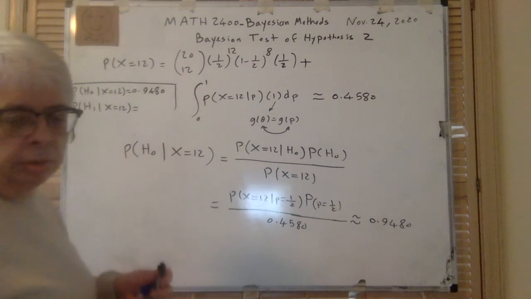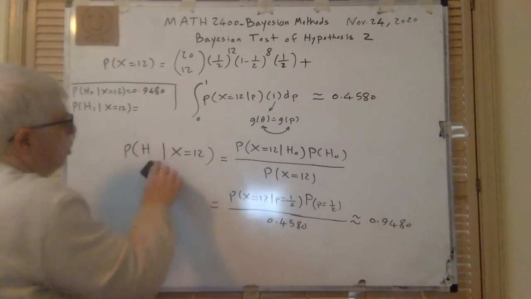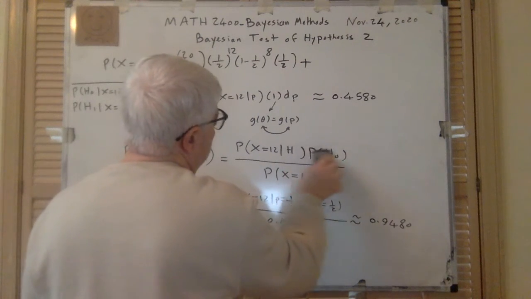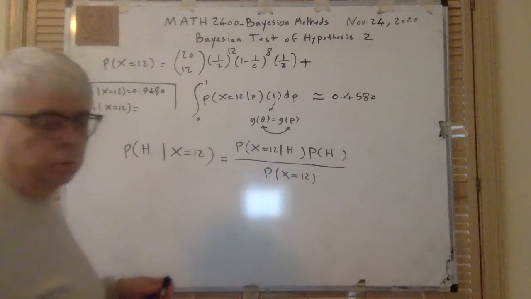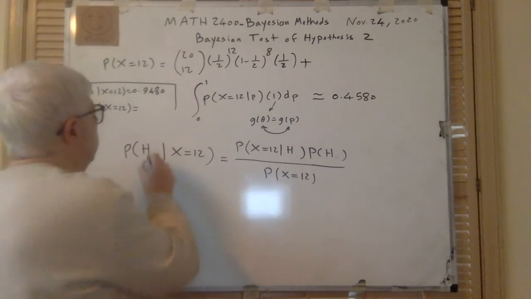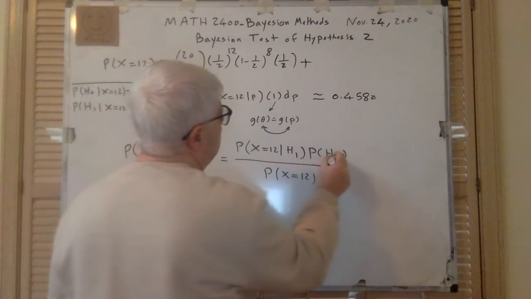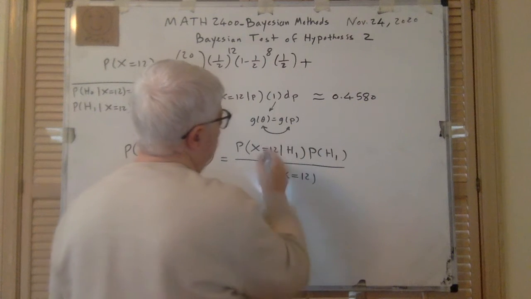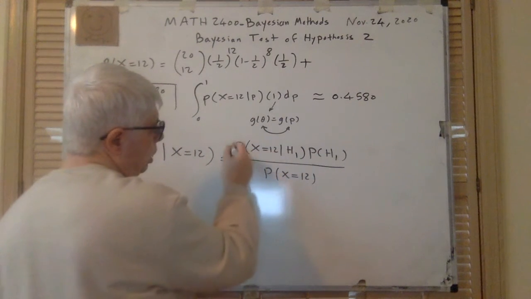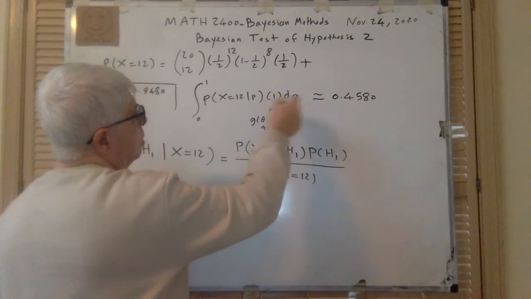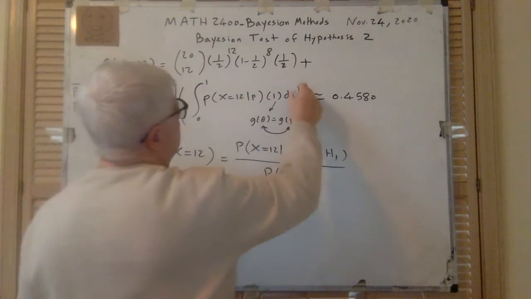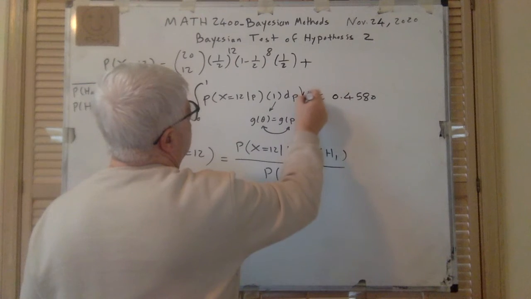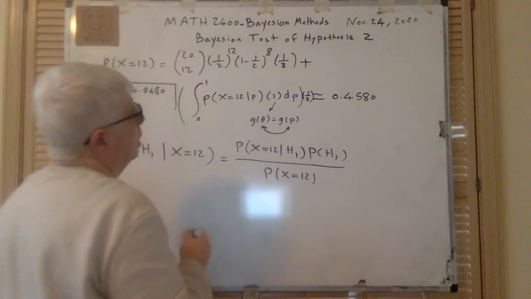Now I need the other one, P of H1 given X is 12. So H1 is H1, that's the same thing. Now what is this one? This thing here is this. Oh yeah, I forgot to multiply this by 1/2, right? I didn't forget that when I was doing it anyway. Sorry.